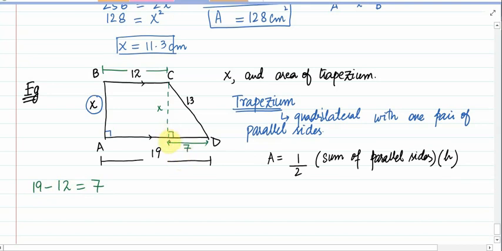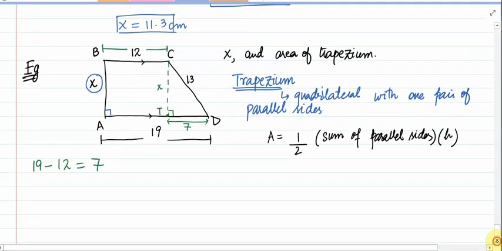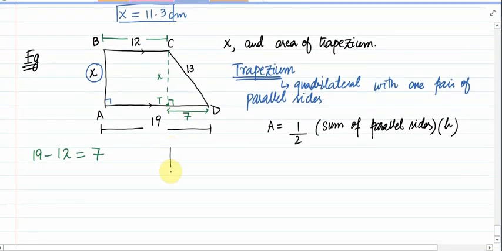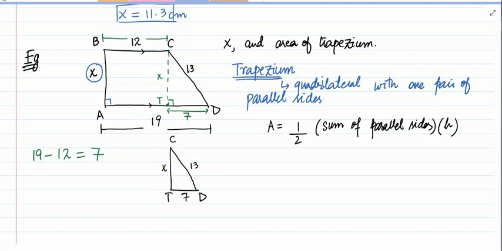It is also a right angle triangle, and let's suppose that I label this point as T. Now I got a triangle CTD, and if I draw it separately, CTD, CD is known, 13, TD we have found out 7, and CT is basically X. Now you need to find the value of X, right?